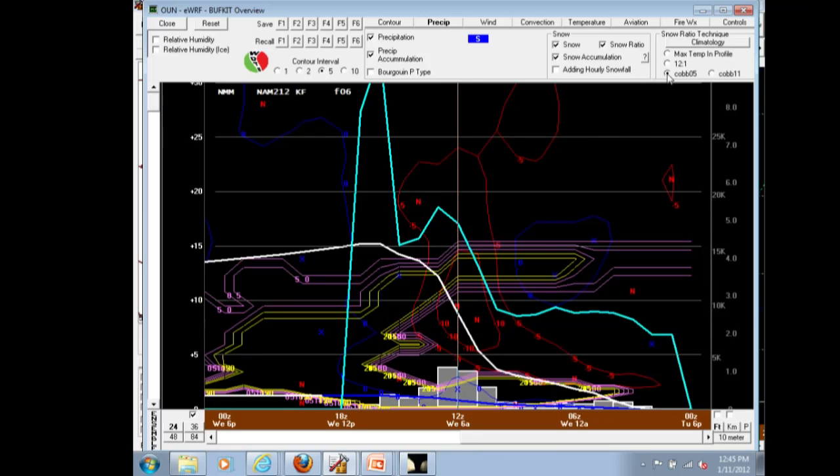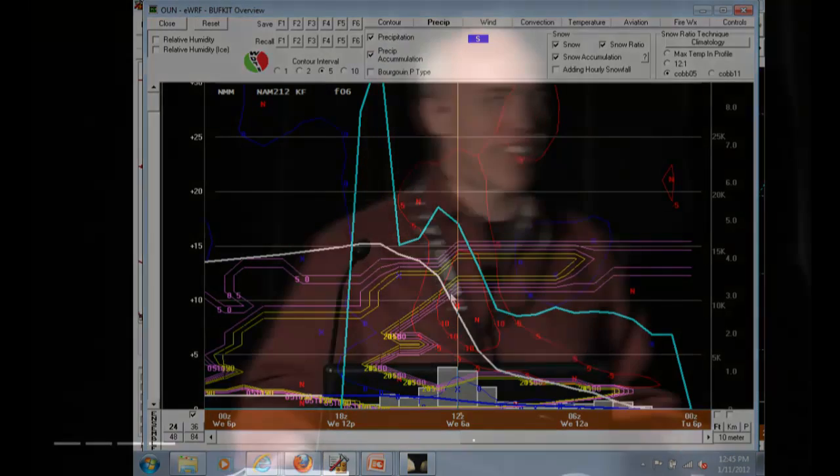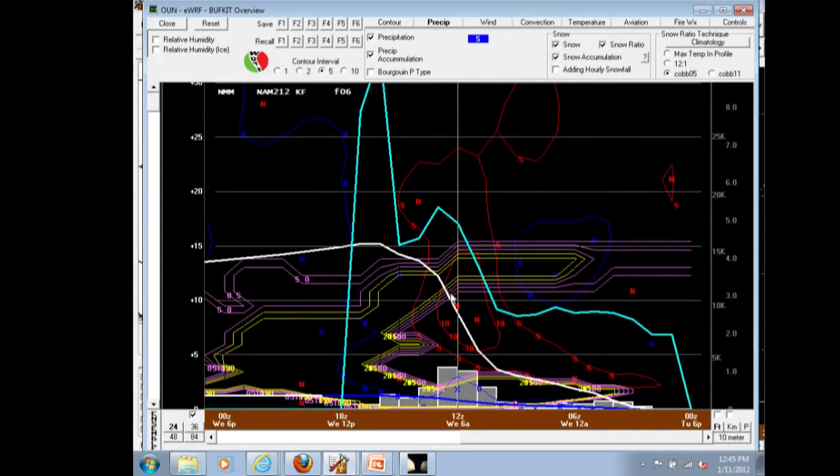What they do is they look at the maximum vertical velocity and where it falls relative to the dendrite production zone, or that snow growth zone. So if you have a large fraction of that total profile in vertical motion falling in that zone, you would expect a large fraction of dendrites to come out of that, assuming you don't have any icing or anything like that. So with this one here, we have the profile of omega.